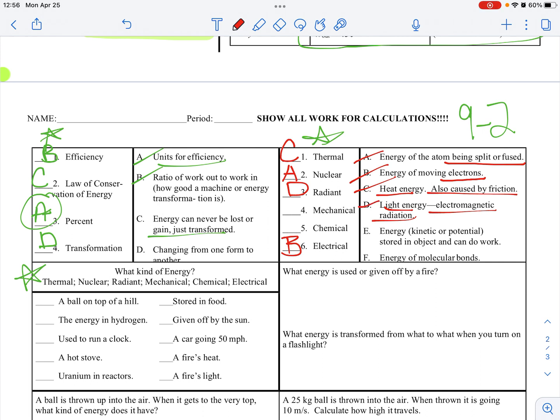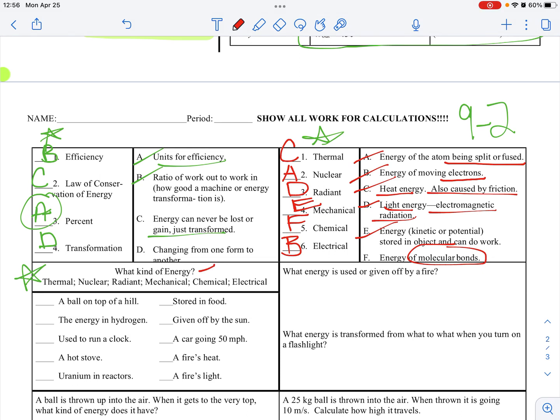Kinetic or potential energy that's stored in an object and can do work is mechanical energy. And last but not least, the energy of molecular bonds gives us chemical energy. So make sure you get those down. As a quick note, these forms of energy are extremely important for you to have on your note cards.